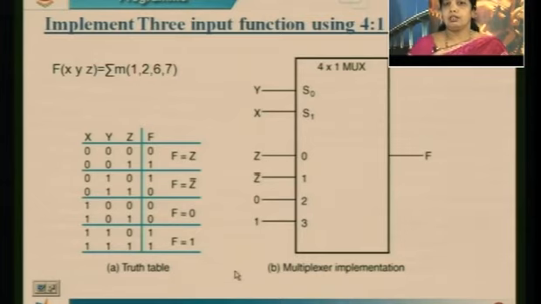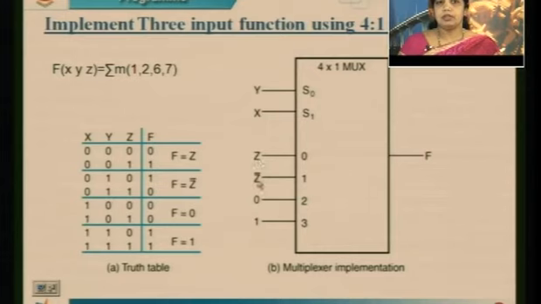So based on these 4 combinations of S0, S1, the inputs Z, Z bar, 0, 1 will be selected to the output side. This way I can implement a 3 input function using a 4:1 mux.